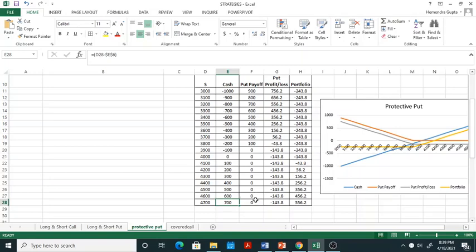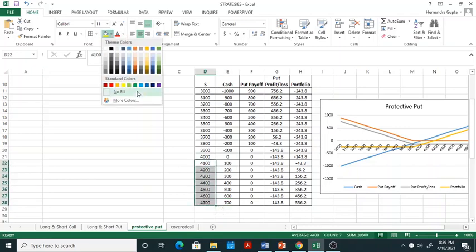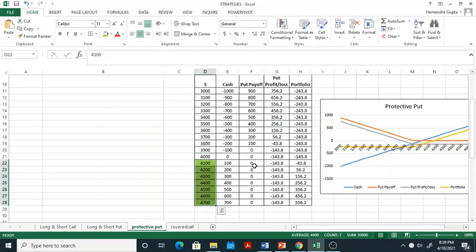I will not exercise the put option, but I've paid the premium of 143.8, which is gone from my pocket. Therefore, my net payoff will be: 100 rupees I've gained here, premium I paid 143, my loss is minus 43.8. But once the stock goes beyond 4,200 rupees, I'll still end up gaining.